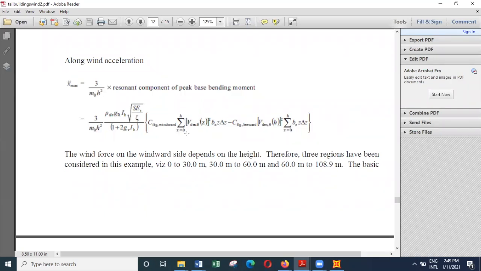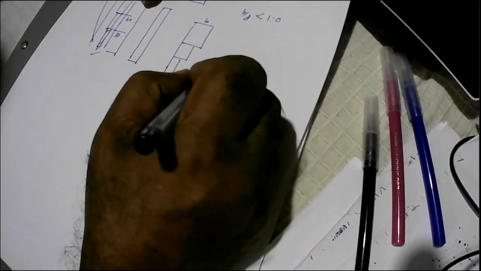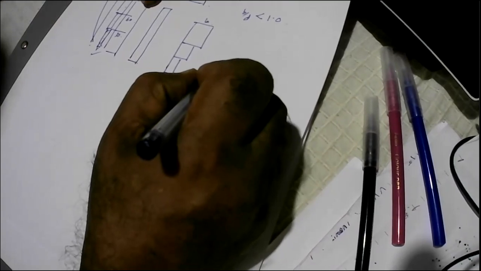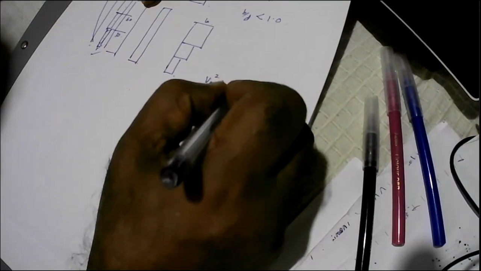So this is a kind of integral, and so basically if I show you that function, it is like, so we have the breadth b, and we want to find velocity squared, B Z dz.